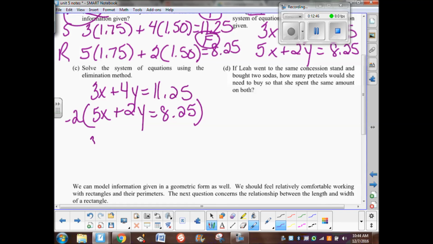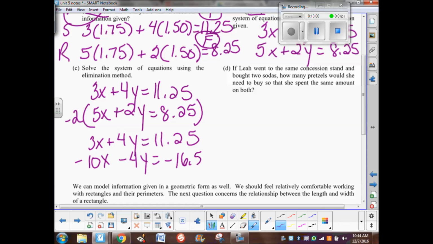So I'm going to leave that first equation alone. And then I'm going to multiply through the second equation, -10x minus 4y equals -1650. Now, those y's eliminate, so I'm going to let you go from there.